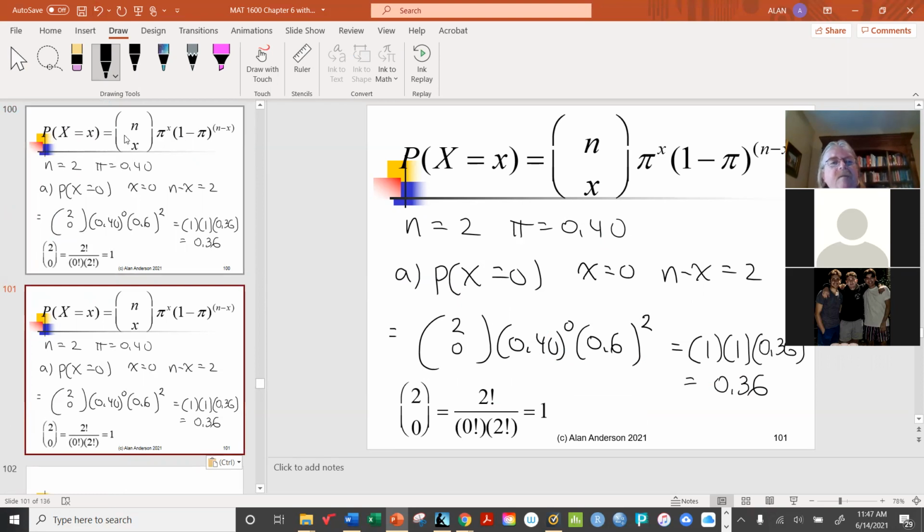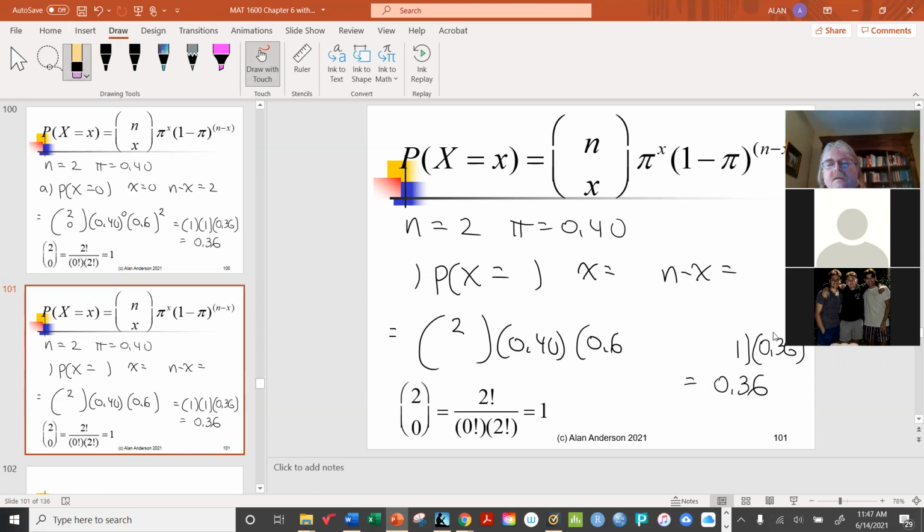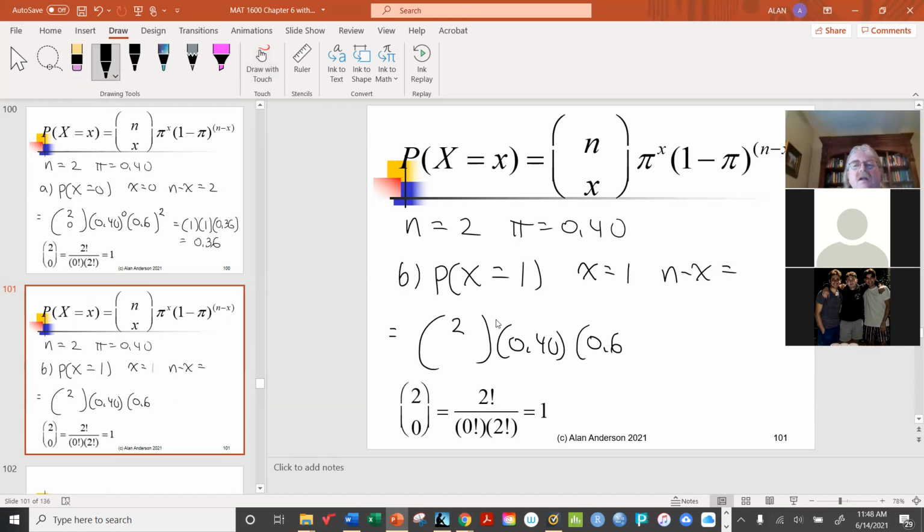So for this one, this is part B. I'm just going to make a few quick changes here. X equals 1. All right, I just want to make sure it's set up the same way. So here we're looking for the probability that x equals 1. That means that n minus x is 1 as well. Okay, and this formula is now not correct.